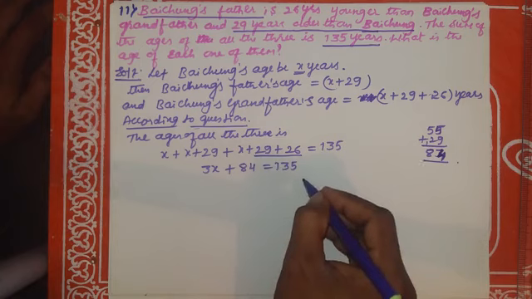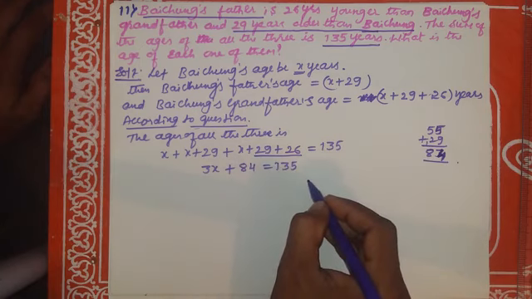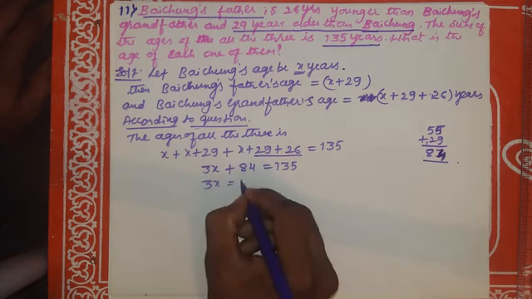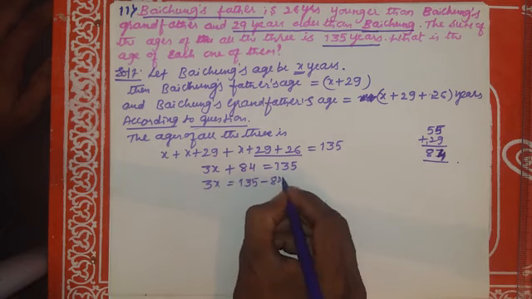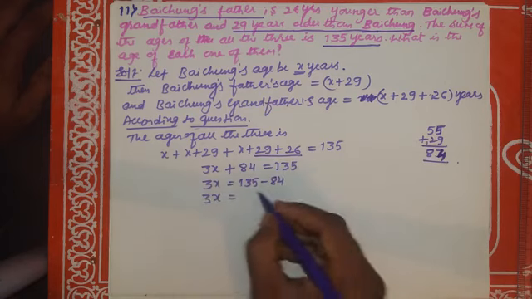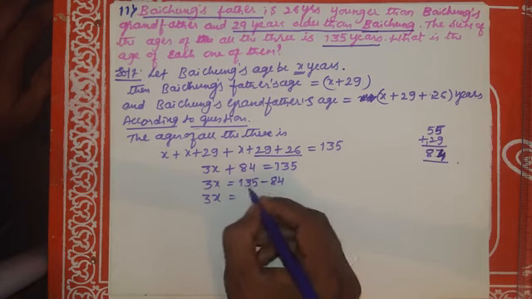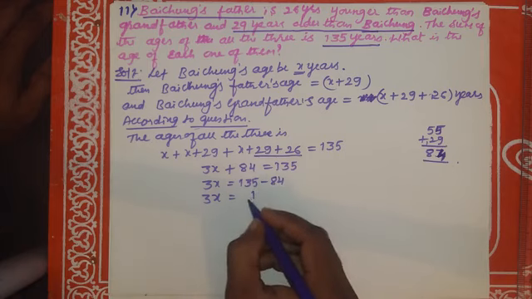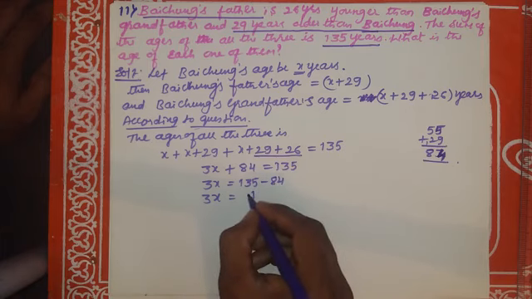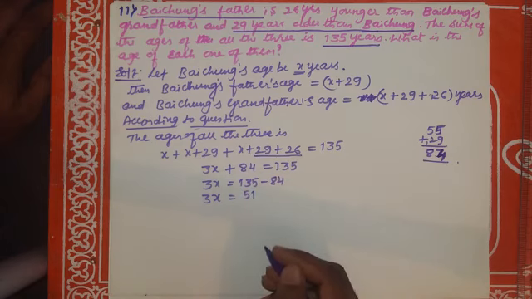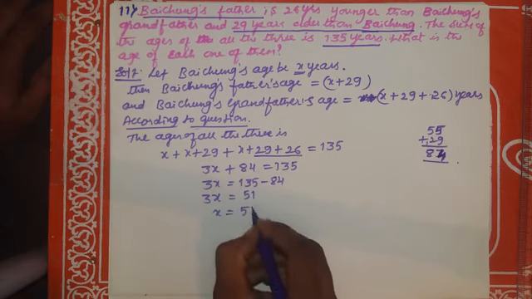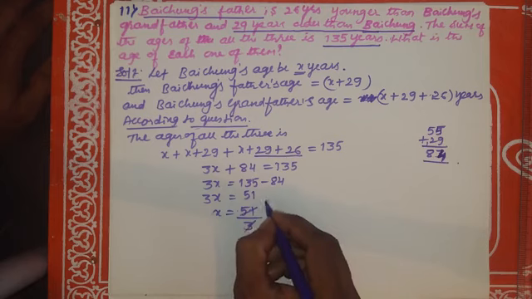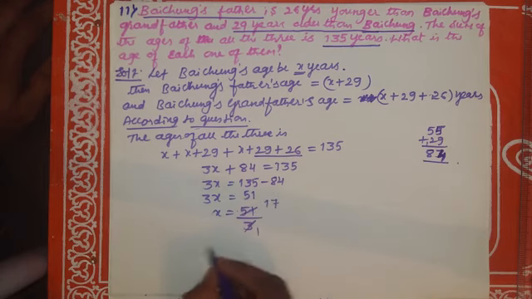Subtract 84 on both sides, or take 84 to the RHS, it will become minus 84. 3x is equal to 135 minus 84. 5 minus 4 is 1, and 13 minus 8 is 5, so this is 51. x is equal to 51 divided by 3. 3 ones are 3, 3 sevens are 21.